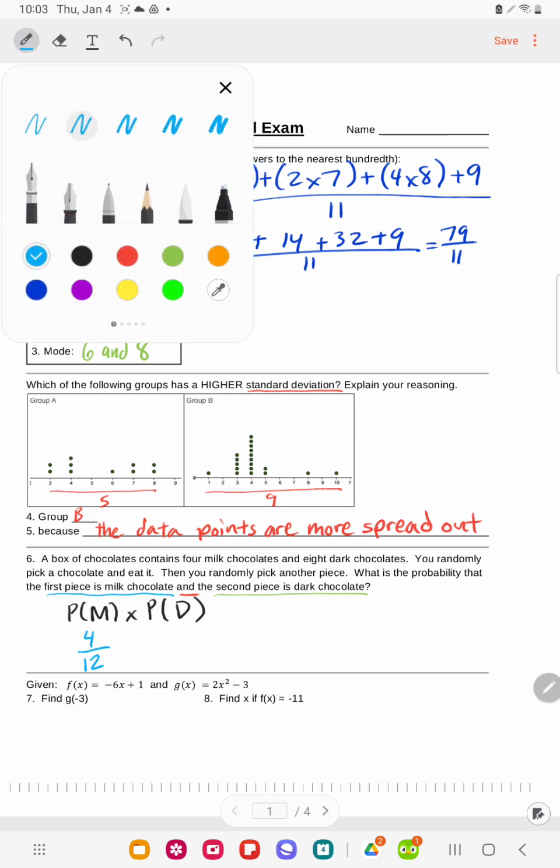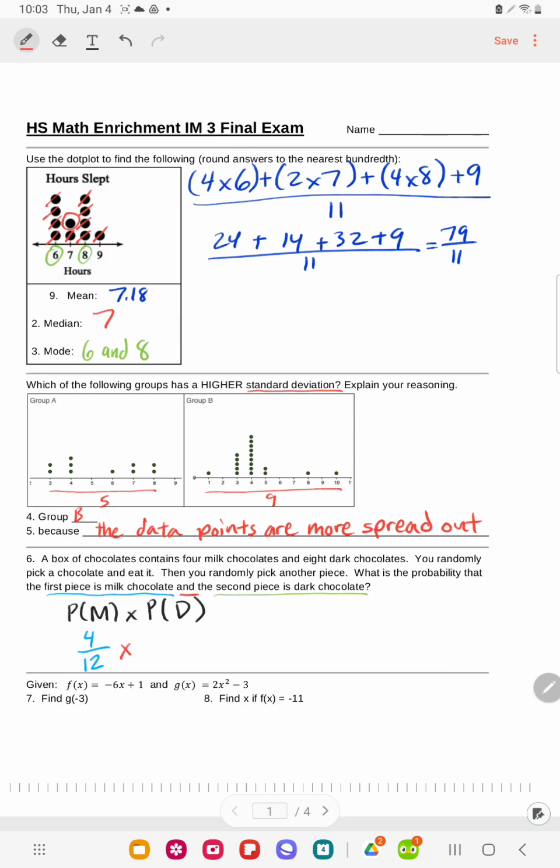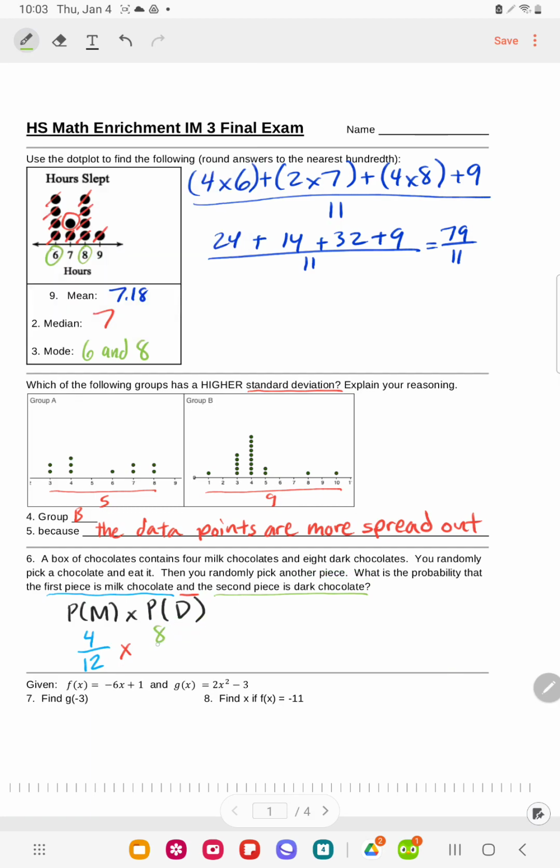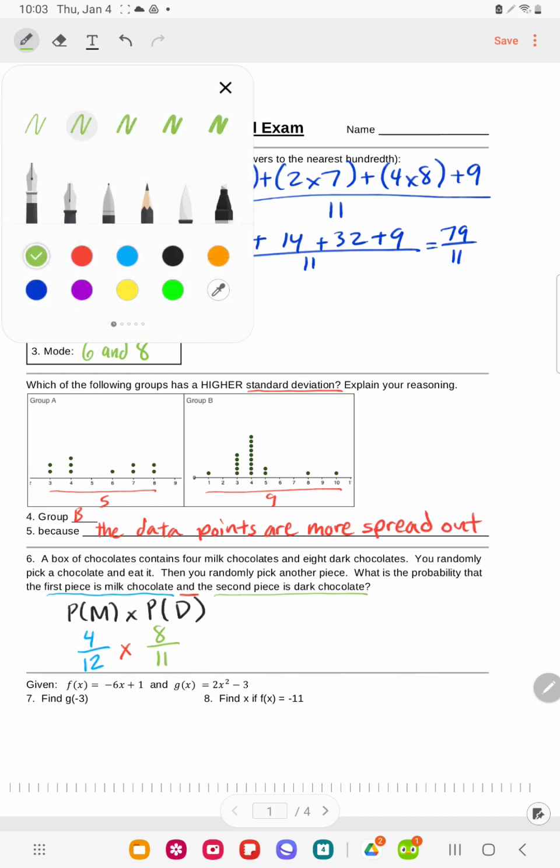And we multiply it by dark chocolate, so that's 8, and since we already pulled out 1, we only have 11 left over. And remember, we're multiplying because we are taking the multiplication rule involving and, and you can notice that by the word and. When you see or, that means addition rule.